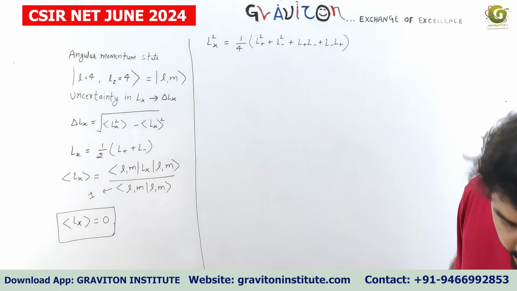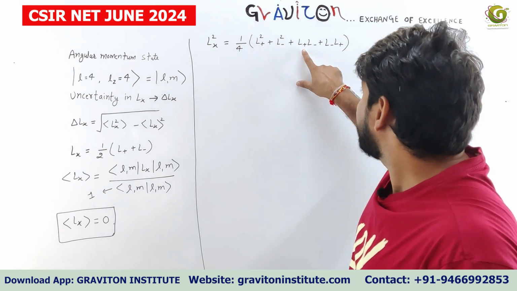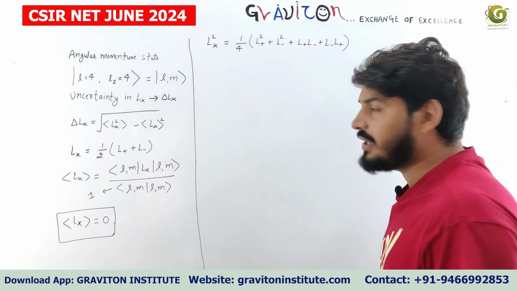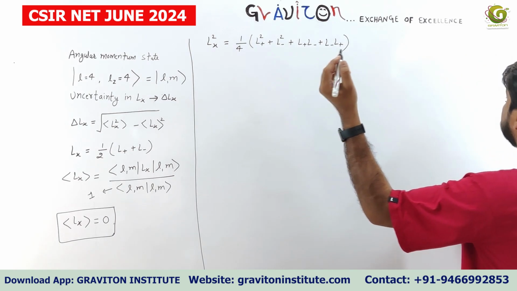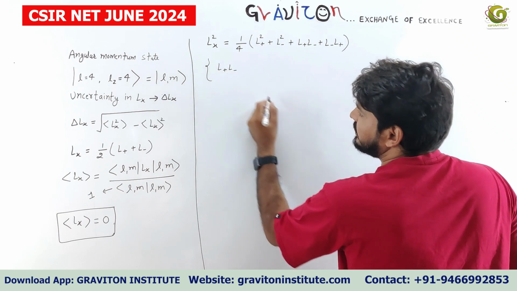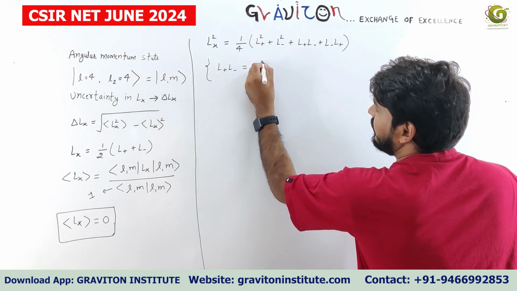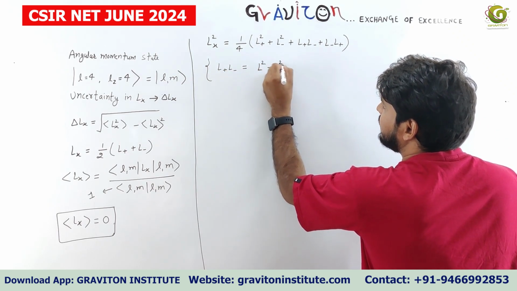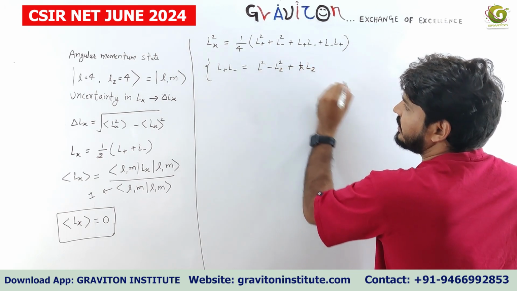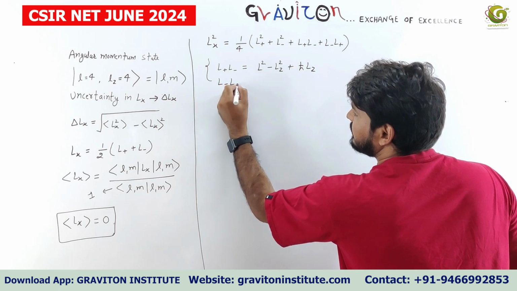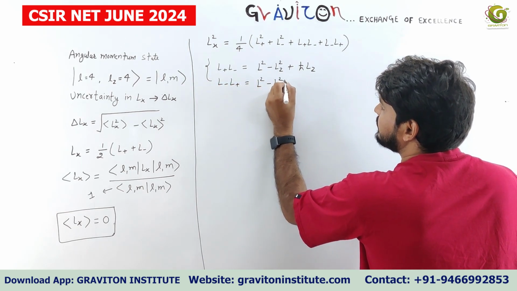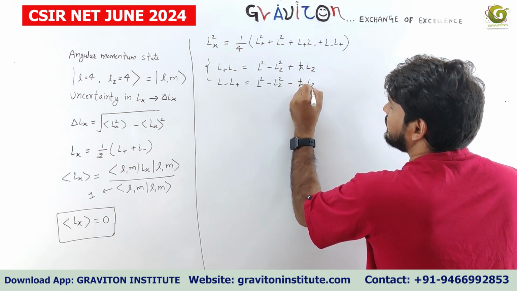Now one more thing we have to do here is find these two values. I hope you already know these operators. L plus L minus is L square minus Lz square plus h cut Lz. Similarly, L minus L plus is L square minus Lz square minus h cut Lz.